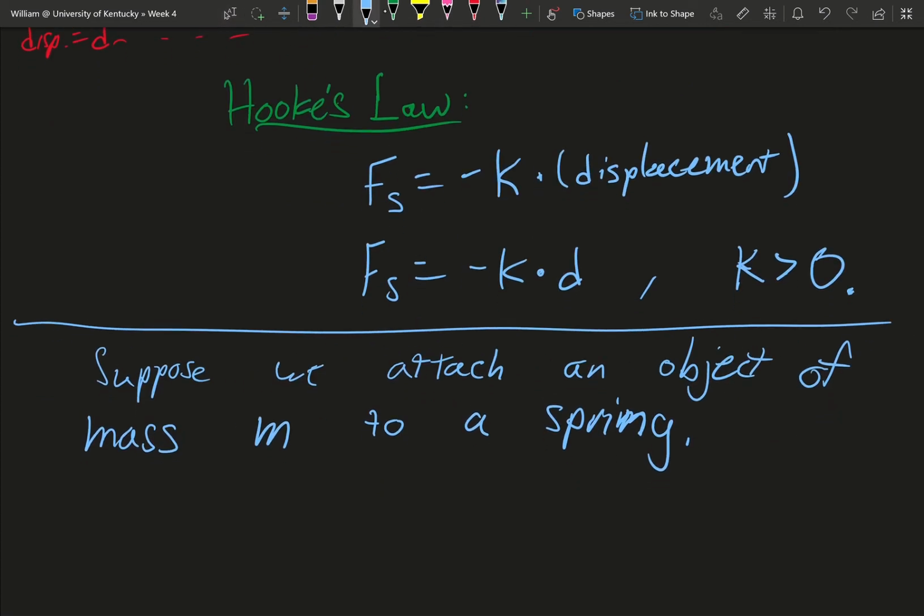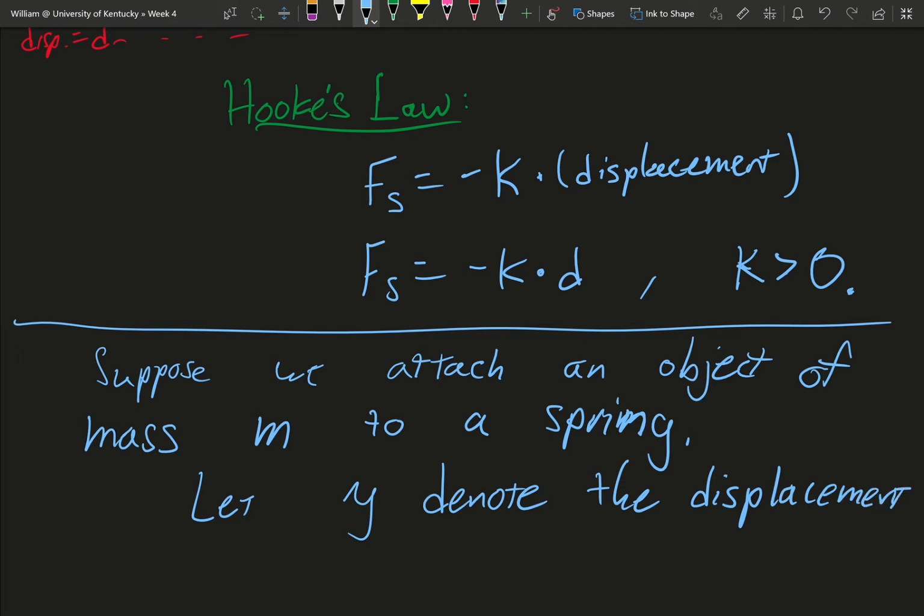And we're going to let y denote the displacement of our object from its rest state.